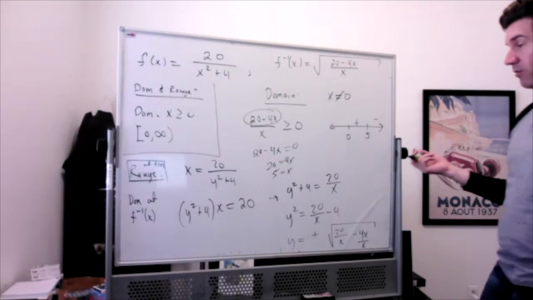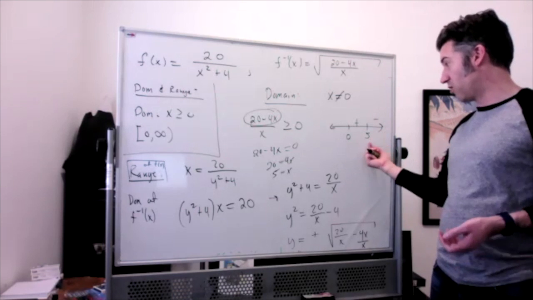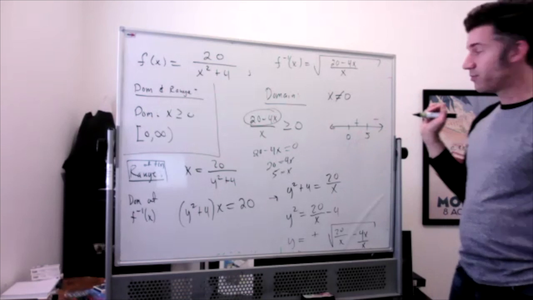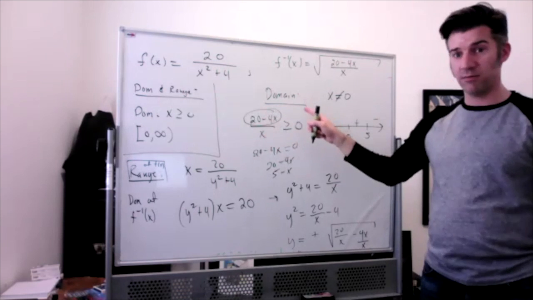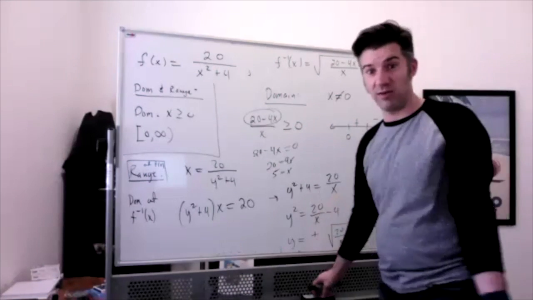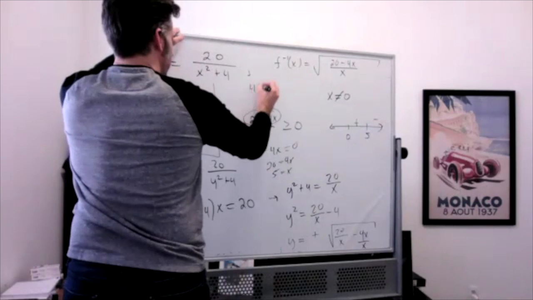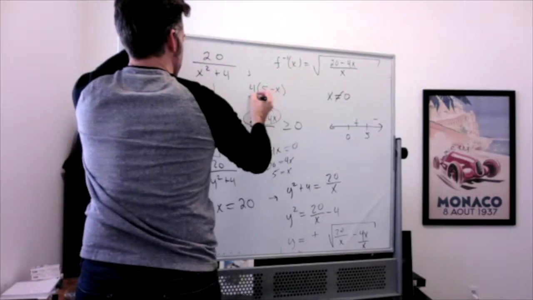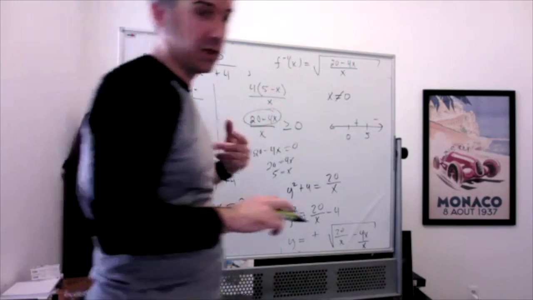So again, when I'm trying to find where something might be positive or negative, I really want to know where it's either 0 or undefined. So pick a number like negative 1, the top is definitely positive. I also could have factored out 4 from the top. I could have written the top as 4 times 5 minus x all over x, and then it's a little bit more clear that 5 is a number that makes it all 0.